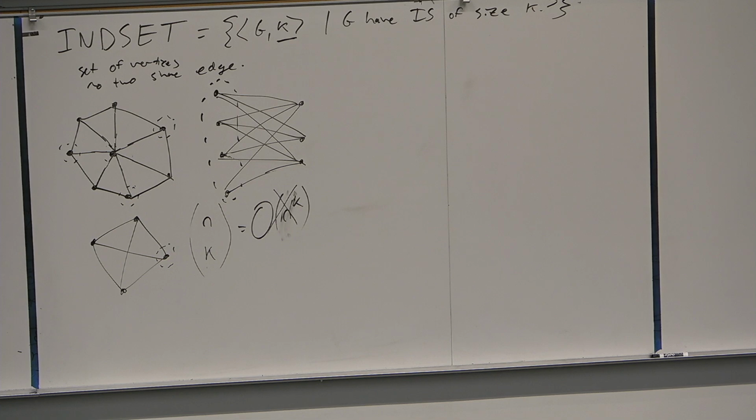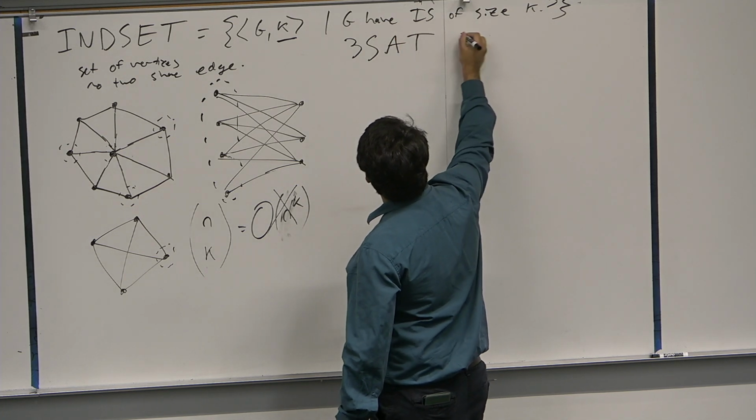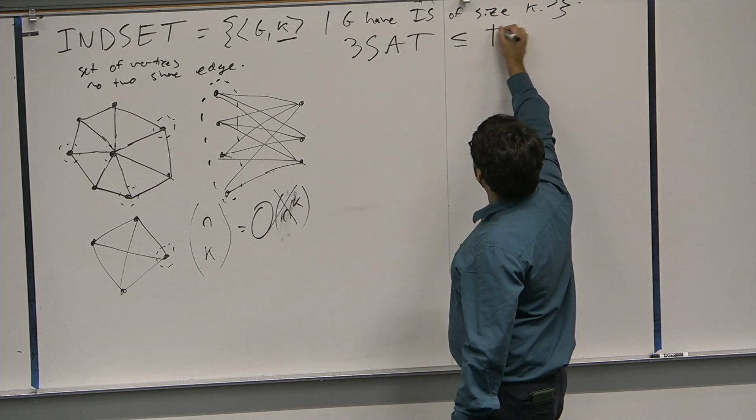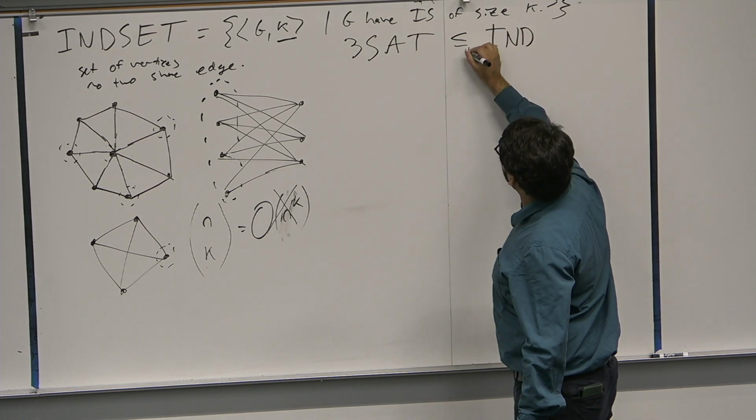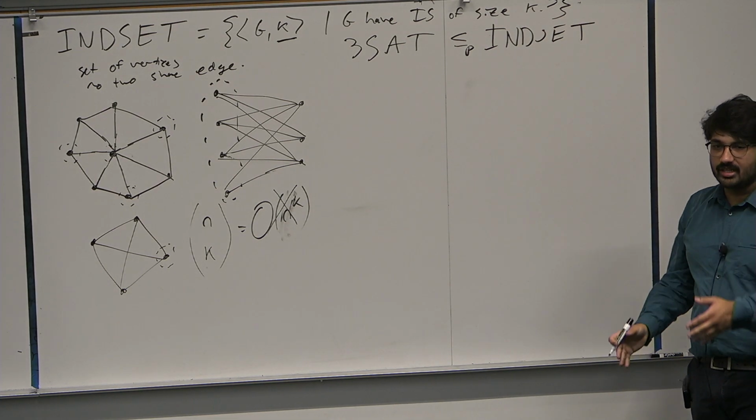Before we get into the meat and potatoes of this specific reduction, let's talk at a high level how the correspondence works, right? We are looking, and we'll do from 3SAT, we are looking specifically for a reduction from 3SAT to independent set. We want to be able to translate the problem from 3SAT to independent set.